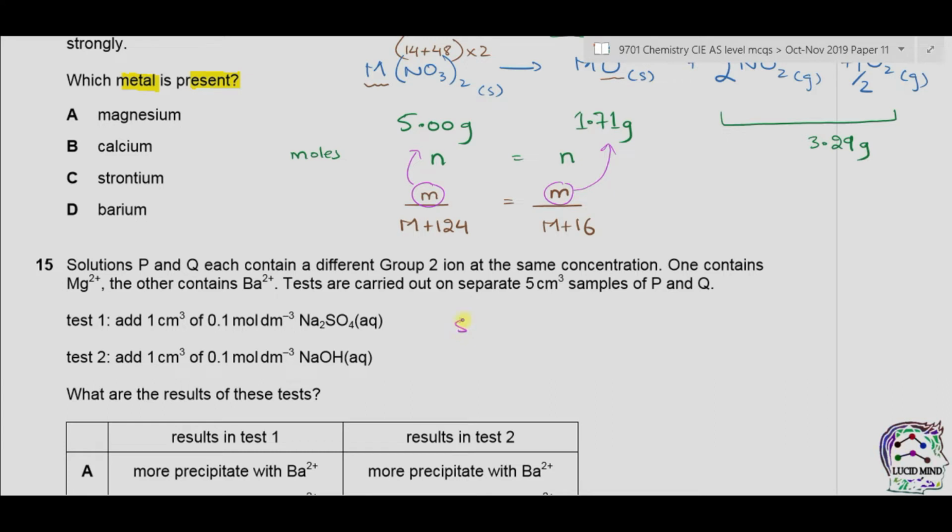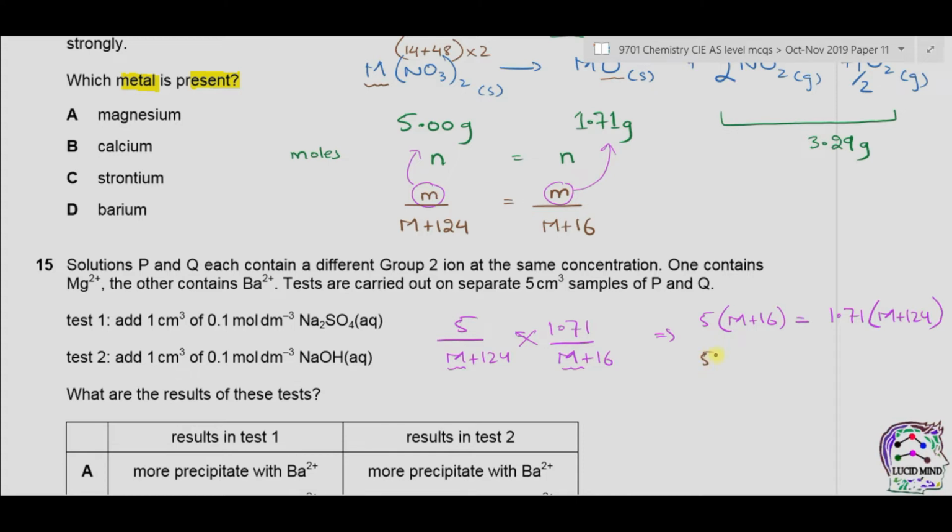So we can write 5 divided by M plus 124 is equal to 1.71 divided by M plus 16. By cross multiplying we can find the atomic mass of M. So now it will become 5 times (M plus 16) equals 1.71 times (M plus 124).